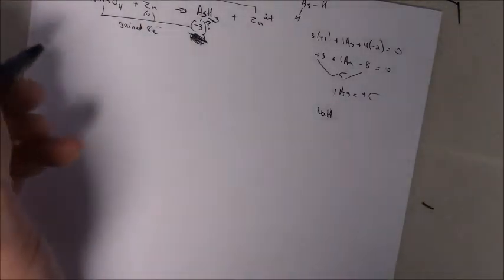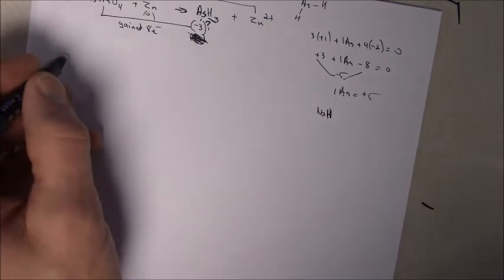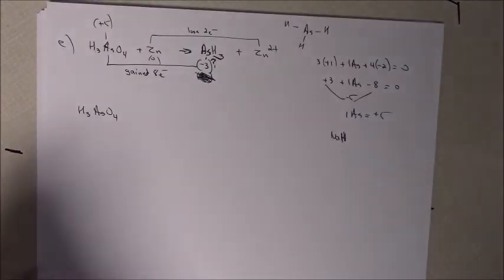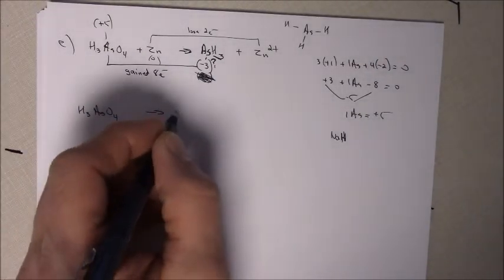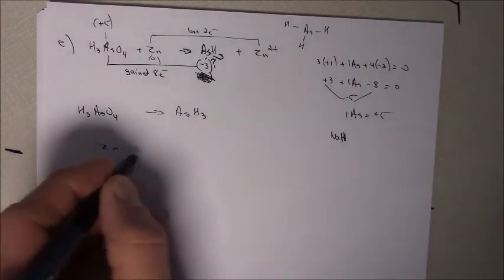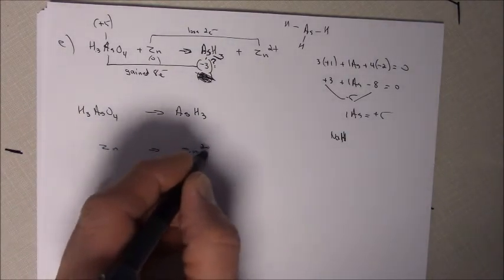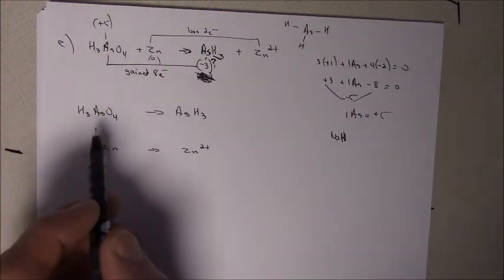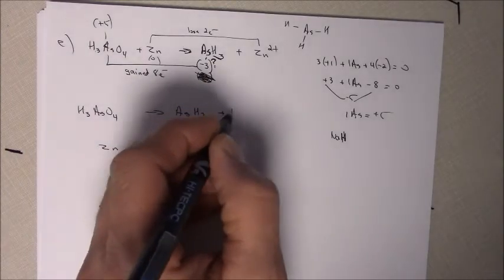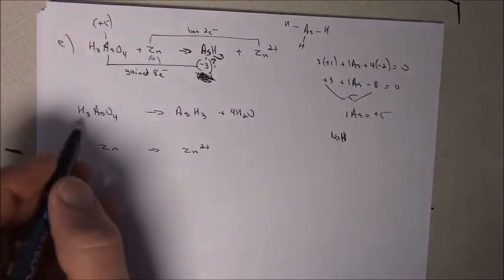Okay, so we would say H3 arsenic, that goes to ASH3. Zinc heads to zinc 2 plus. So this one, arsenic looks good. Oxygens, there's 4, so you need 4 H2Os.